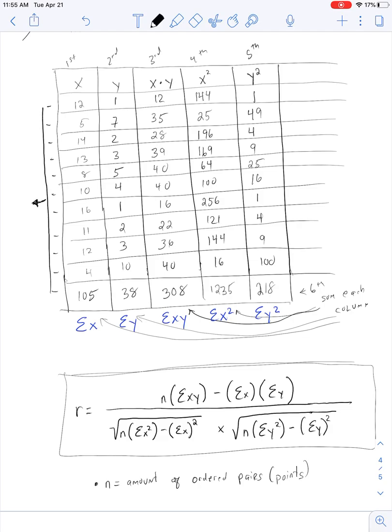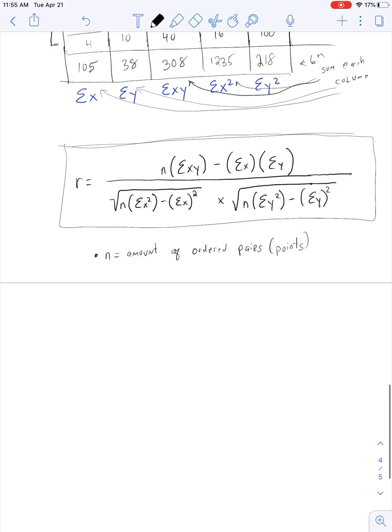So this tells us that our n is, what did I say? 1, 2, 3, 4, 5, 6, 7, 8, 9, 10. I'm sorry, 10. We don't want to include this last one. That was a summation, right? We don't want to include that. So our n is 10, right? We have 10 points. Okay, so now we can just start replacing.